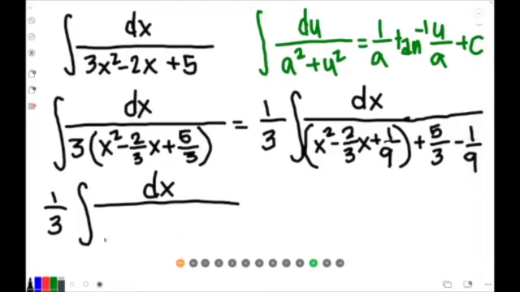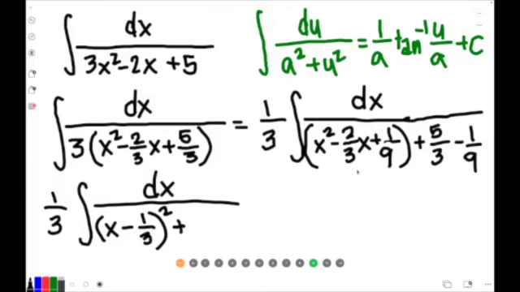So this would be x minus 1 over 3 squared, and let's check, this is x squared minus 2 third x plus 1 third squared, that would be 1 over 9. Okay, so we have that one correct.